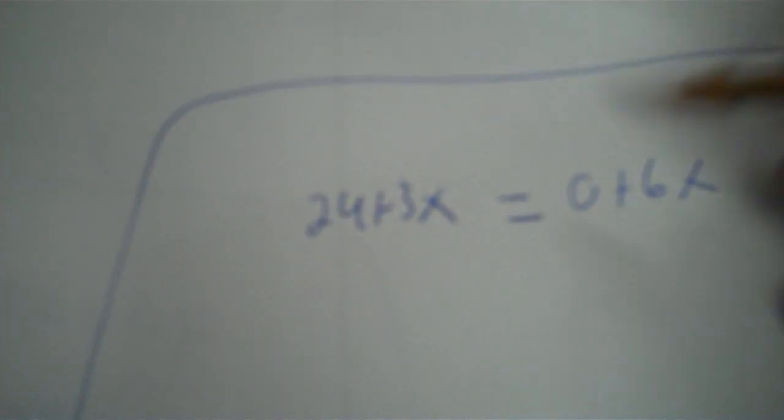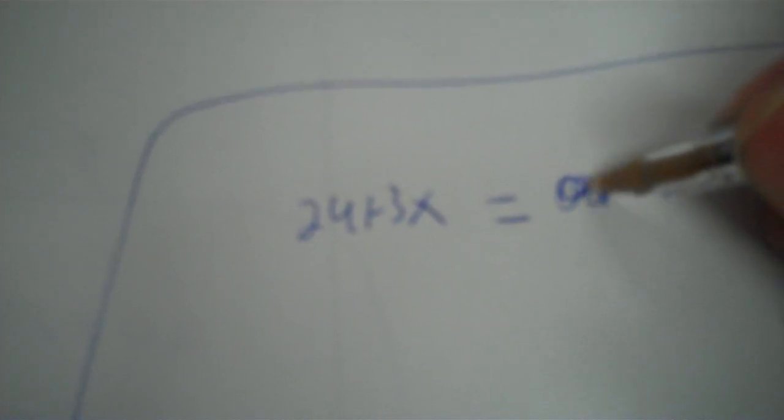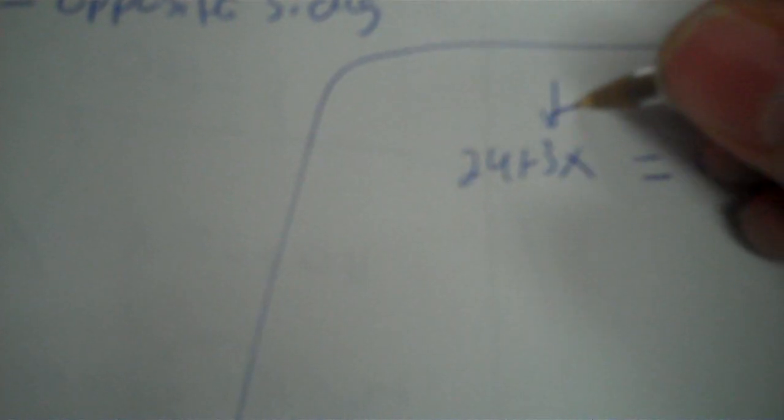And then you make your equation by finding out when these are equal. So you're going to put 24 plus 3x on this side, and on the other side you're going to put 0 plus 6x. And if you have a 0, you need to get rid of it and the plus sign. So I have like terms of x here, and they're on opposite sides. So you find the smaller one, which would be the 3x.